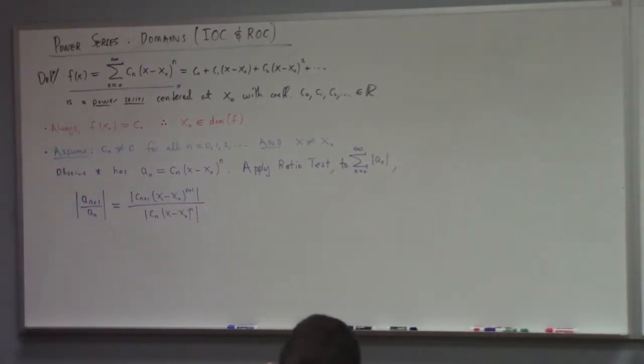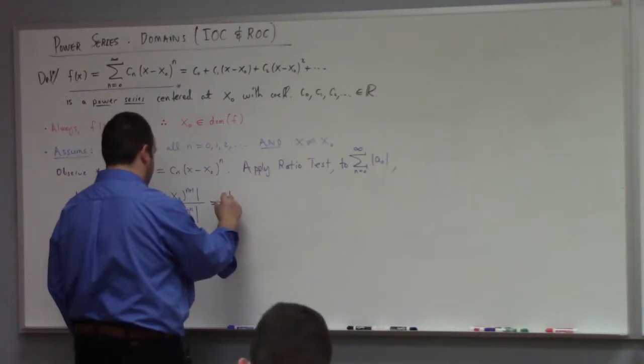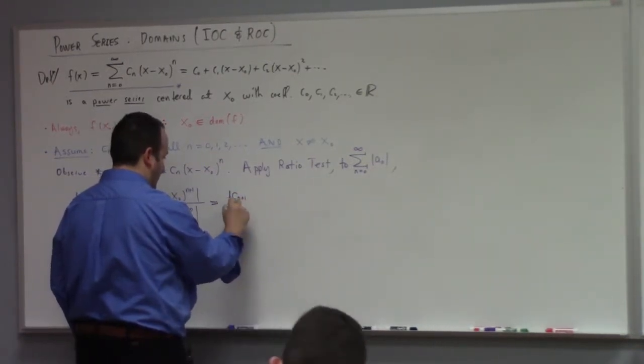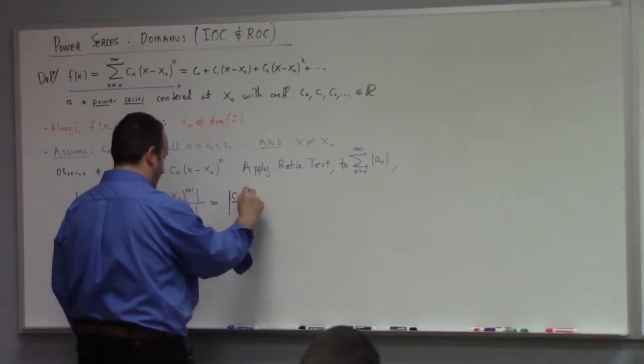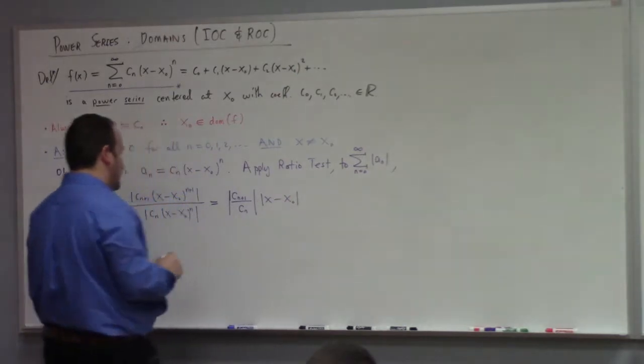So again, we're assuming that x is not equal to x naught, which means I can make a cancellation algebraically. (x minus x naught) to the n plus 1 over (x minus x naught) to the n simplifies to what? Just x minus x naught.